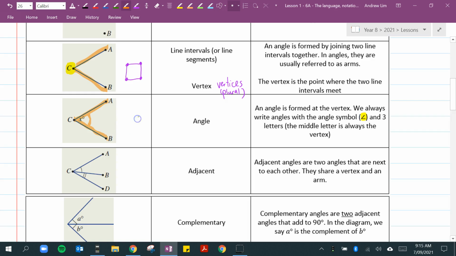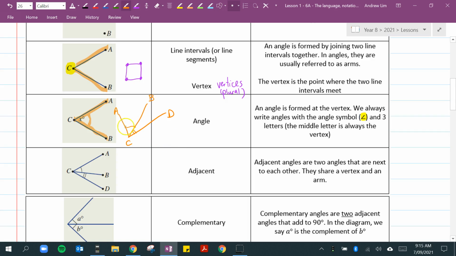The reason for this is because sometimes we might have an angle like this. Let's say that's C, A, B, and D. What is angle C? We don't know. Is it all of that? Is it just that bit? Or is it just this bit? So we always use 3 letters.